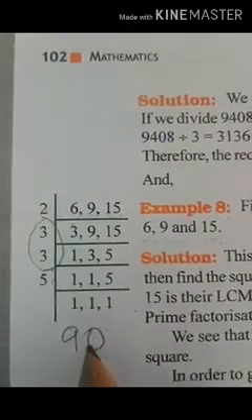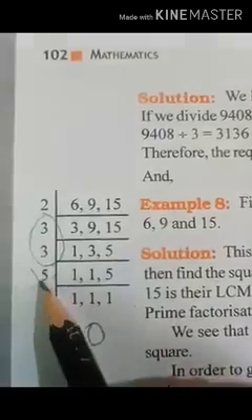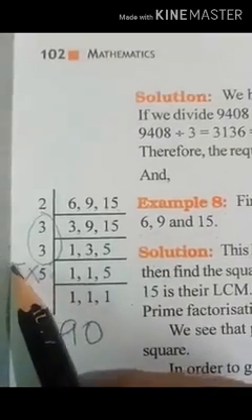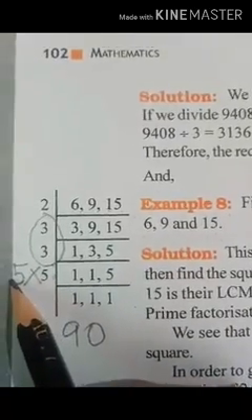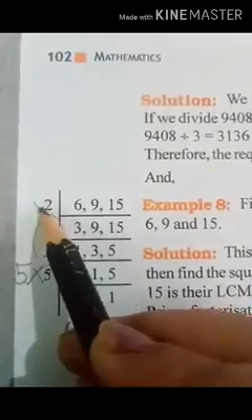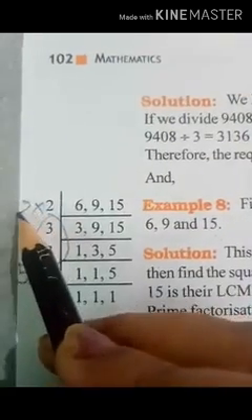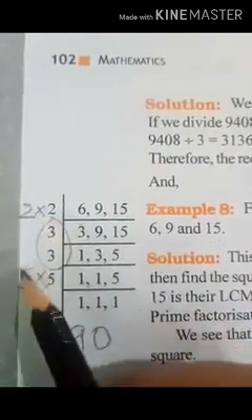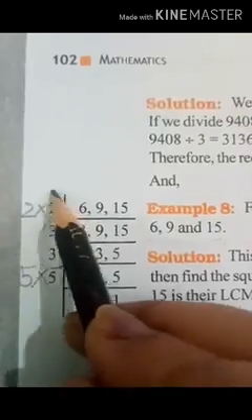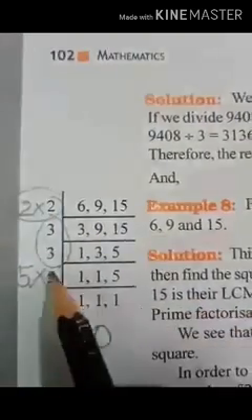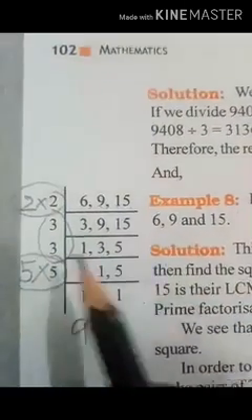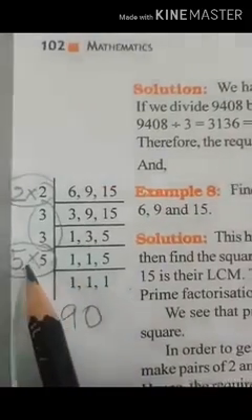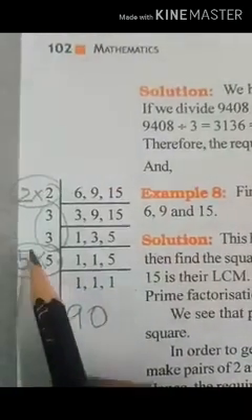So how to find the perfect square? We will multiply with the numbers which are missing. One number is 5 and one number is 2. Why these two numbers? Because they have to make a pair. Now see, here is a pair and this 5 also has a pair. So with which two numbers did I multiply? 5 and 2.